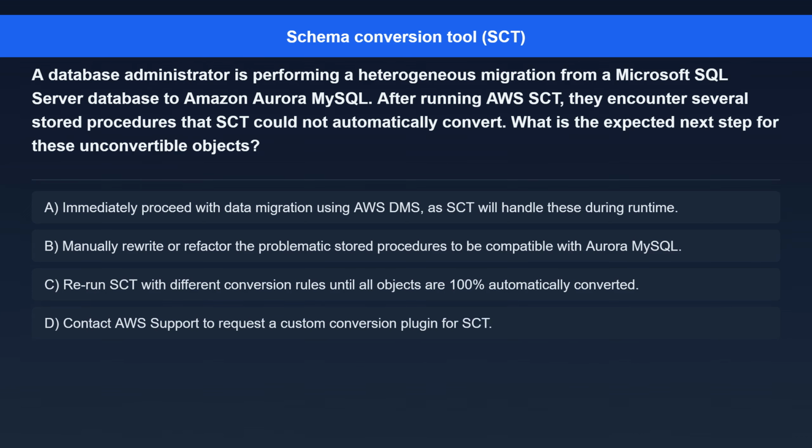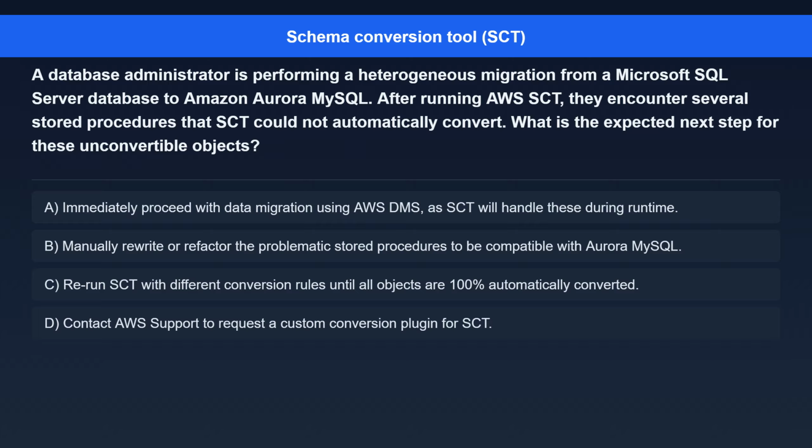Question 9. A database administrator is performing a heterogeneous migration from a Microsoft SQL Server database to Amazon Aurora MySQL. After running AWS SCT, they encounter several stored procedures that SCT could not automatically convert. What is the expected next step for these unconvertible objects? Option A, immediately proceed with data migration using AWS DMS, as SCT will handle these during runtime.